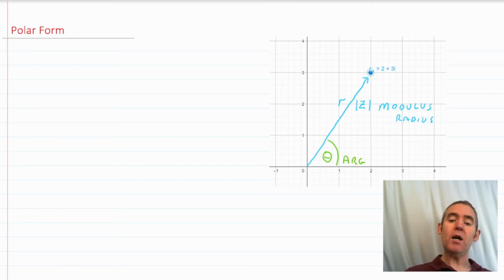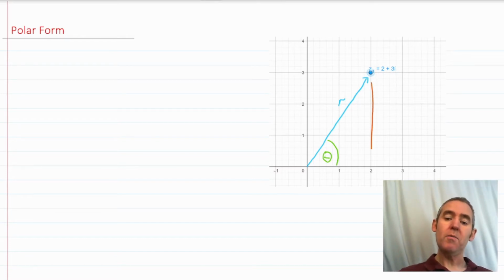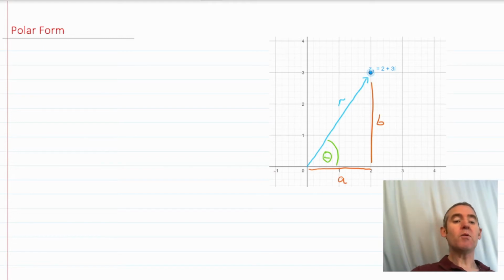So how do we do that? Well, if we remove that for a second and just look at this triangle here. What is this side? We call that B, and let's call the other side A. So what is B? B is related to the sine of the angle.